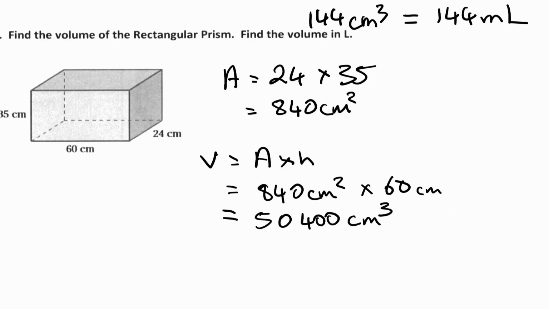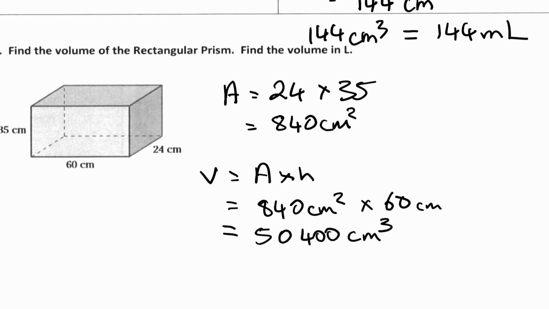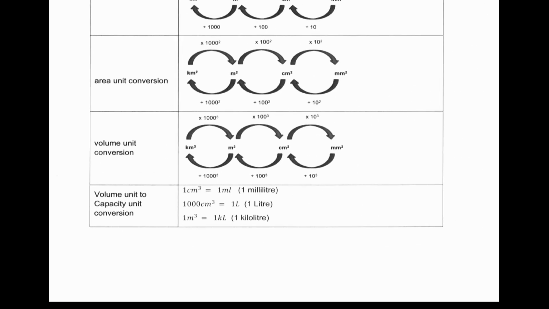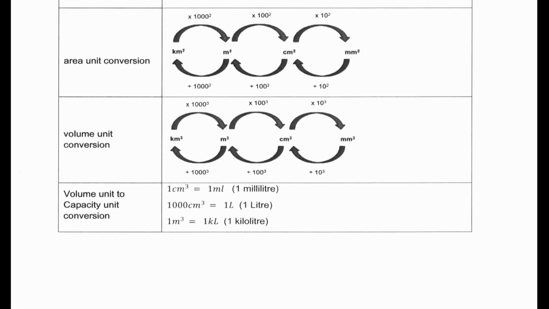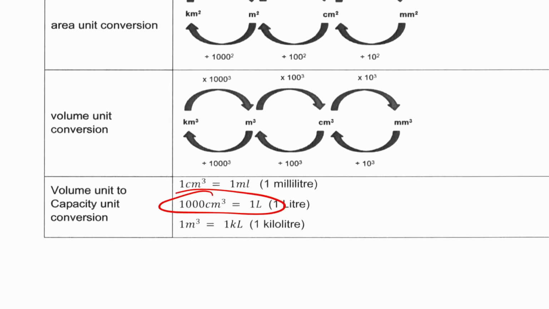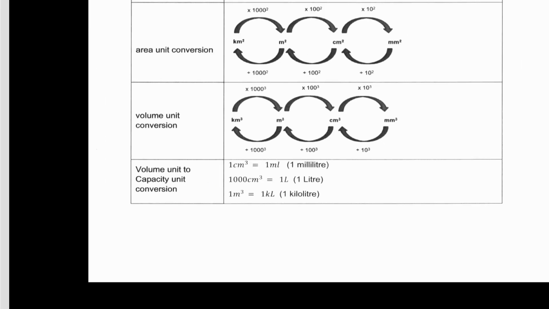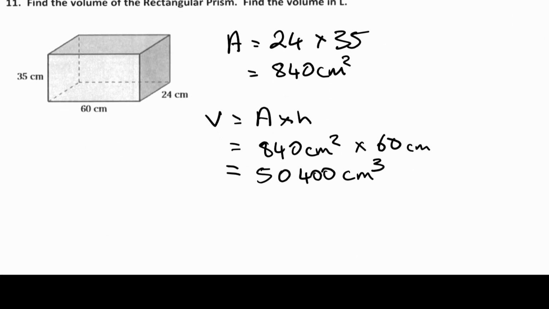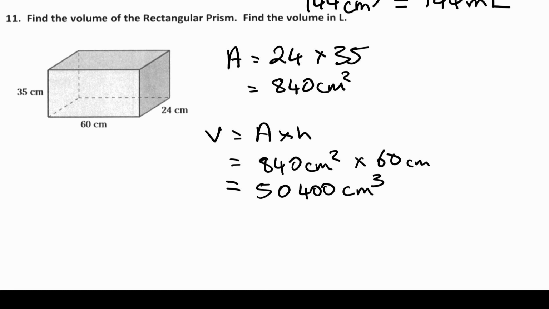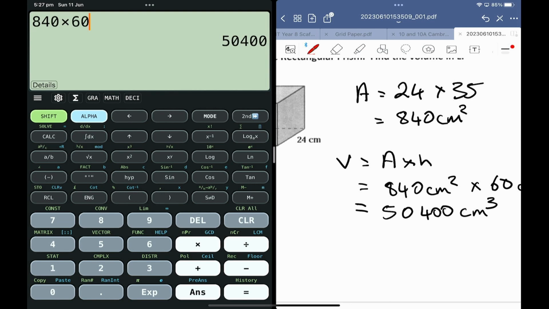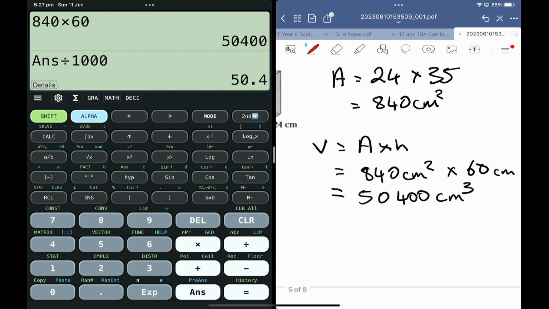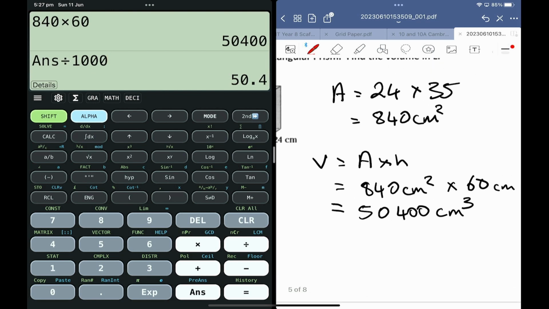All right, now we need to convert from centimeters cubed into liters. So we flick back to our conversion chart, and it tells us that there are 1,000 centimeters cubed in a liter. So to find this in liters, I need to divide by 1,000. We could probably do this in our head, but we divide by 1,000, and that gives us 50.4 liters.